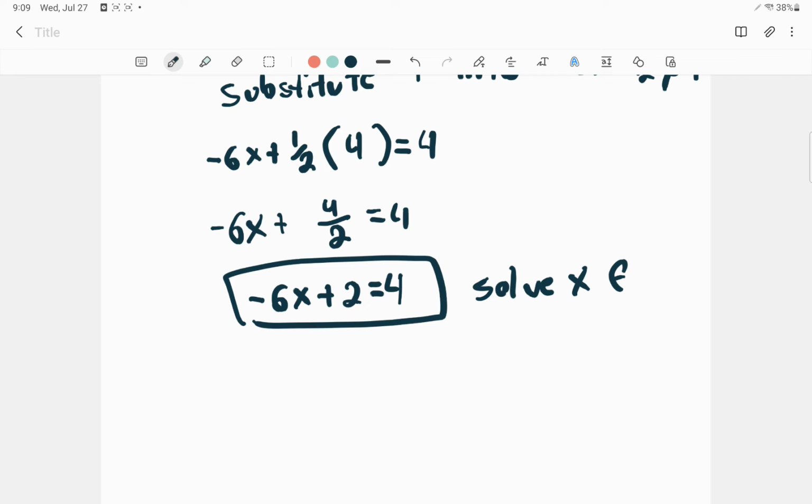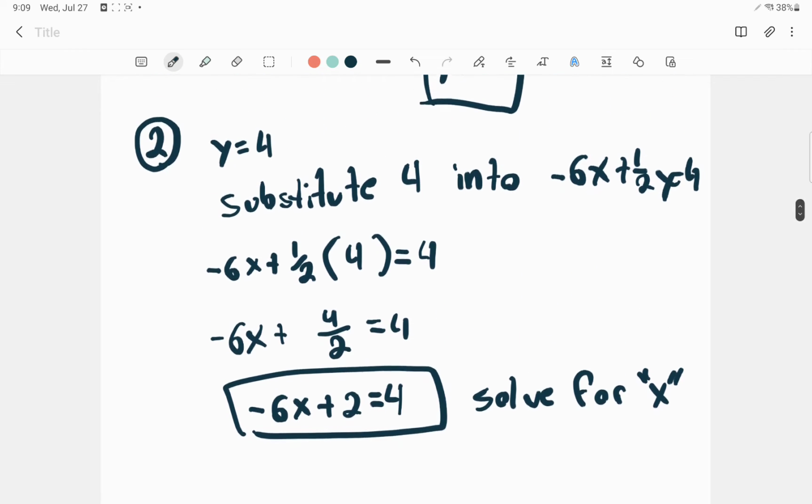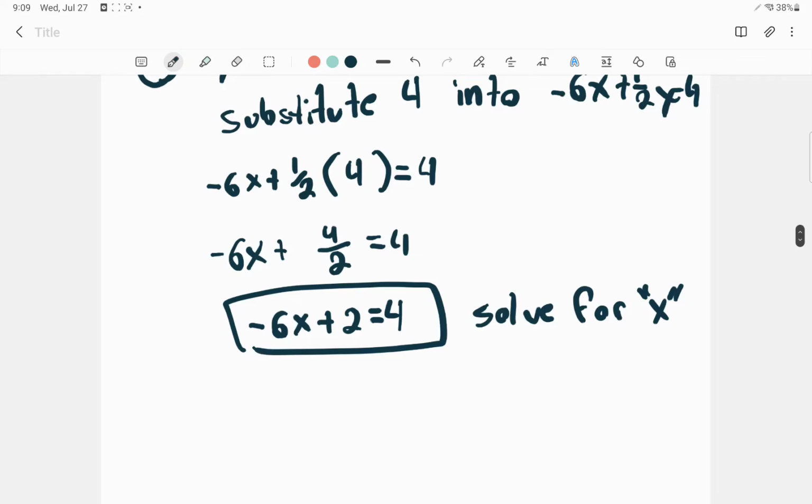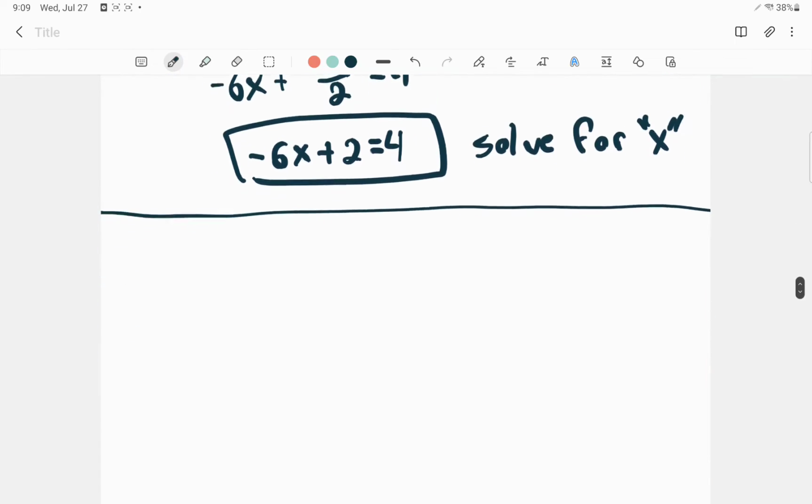Solve for x. And that's it. That's all you have to do. That's number 2. So number 1, I did it for you guys. So that one's free. Number 2, I did most of the work. All you have to do is solve for x.